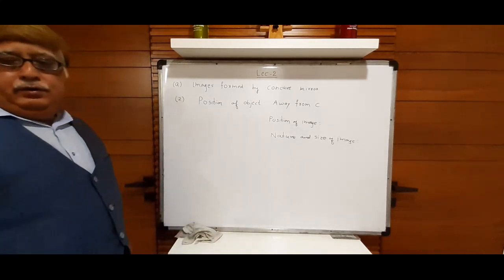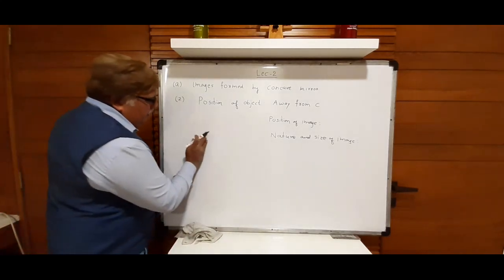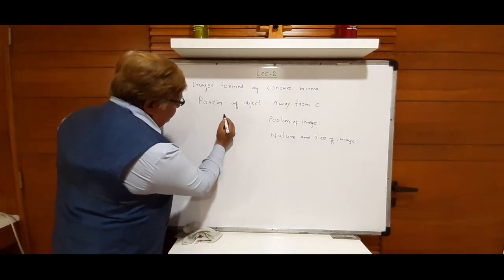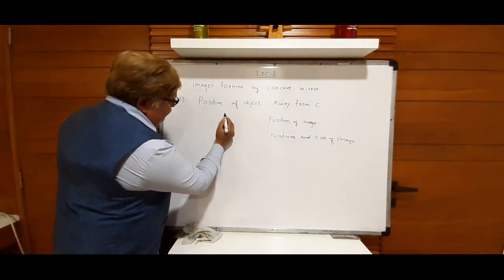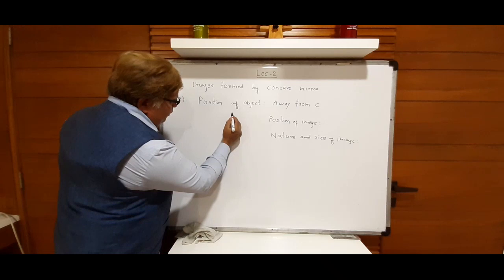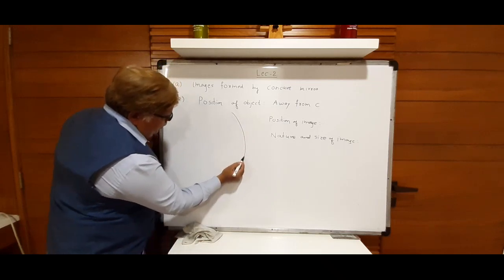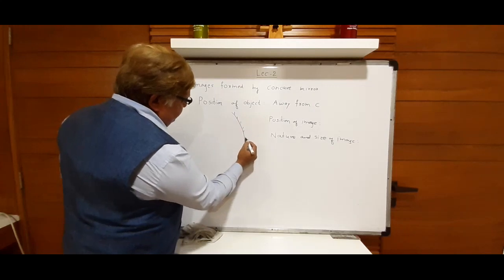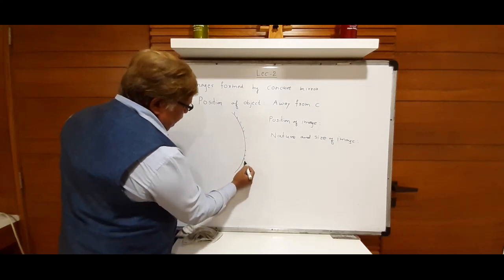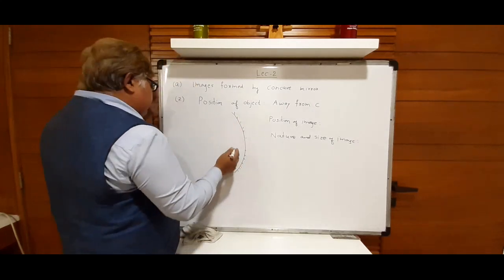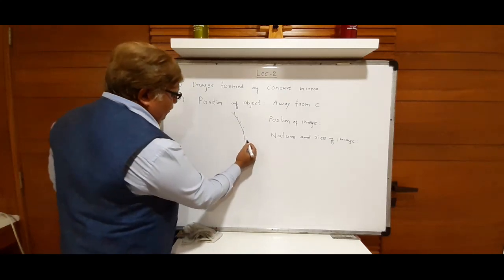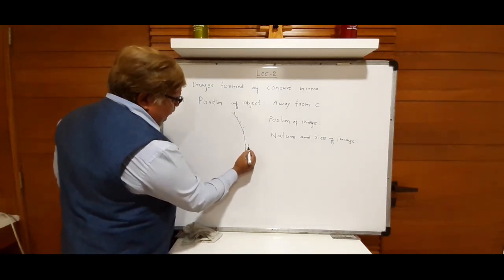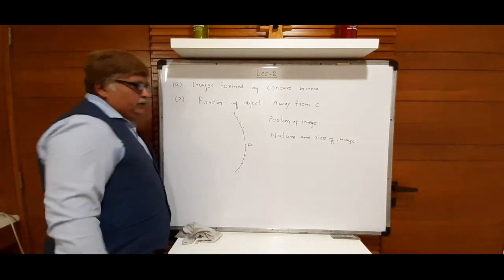How can we draw this diagram? Again, first just draw concave mirror. Okay. Then dotted line here. As you know, inner is the shining surface. Now this is pole P. Okay.